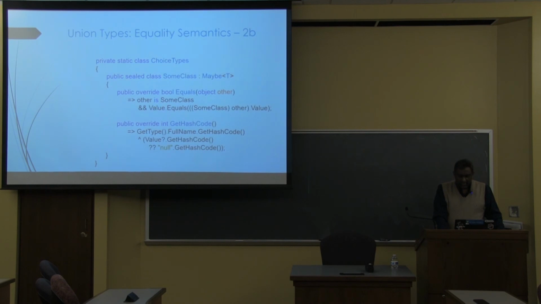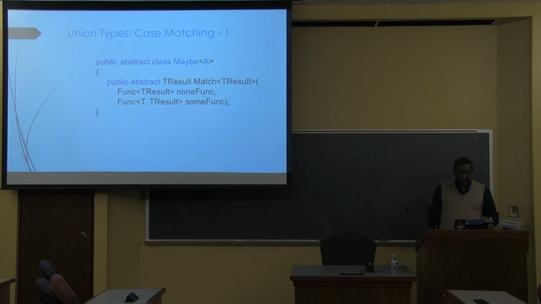And so the way we do that is by implementing rudimentary pattern matching. So you create a match function on the top with a lambda for each of the various choices that you have. And if you think about it, that's really what pattern matching is. You give it a function for each of the choices, and the right function will fire. And so on the outer class, you make it abstract.